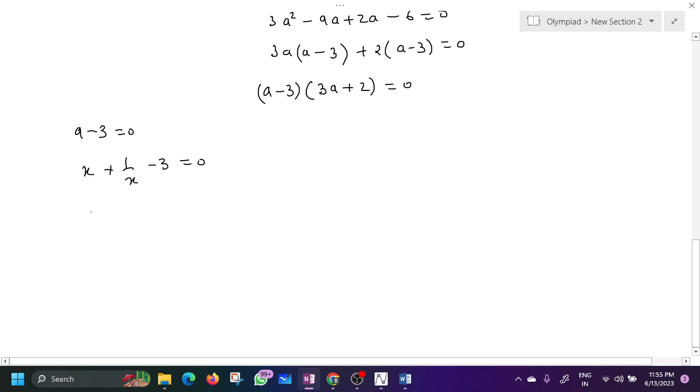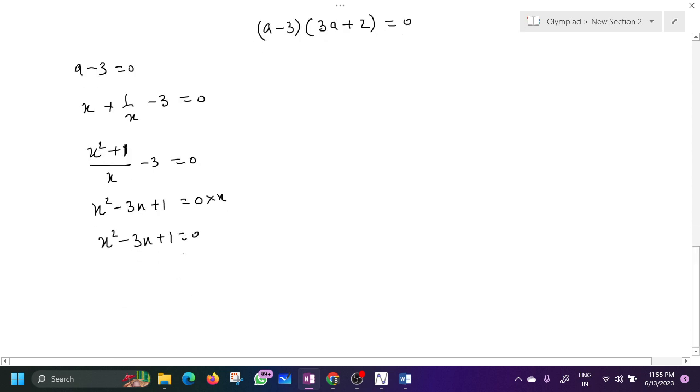This will give you x square plus 1 by x minus 3 equal to 0, or x square minus 3x plus 1 is equal to 0 times x, which is 0 again. So you have an equation x square minus 3x plus 1 is equal to 0, and you have to find the value of x from this. So I am going to use the quadratic formula, Sridharacharya's formula, for finding roots.